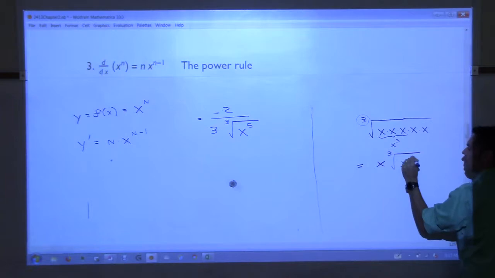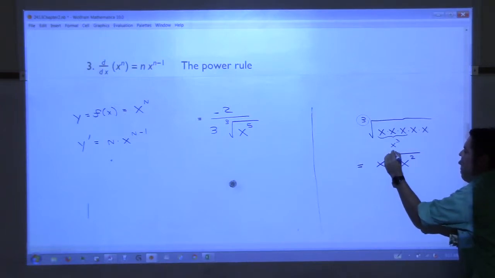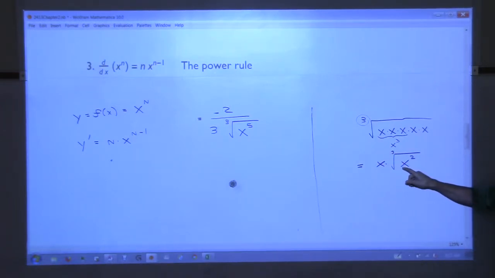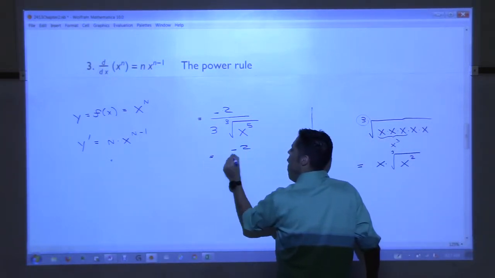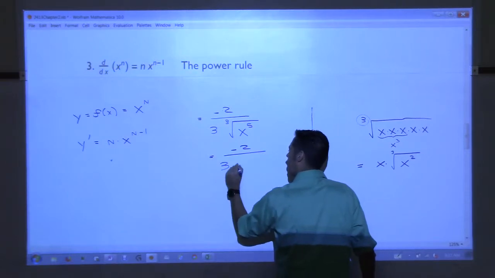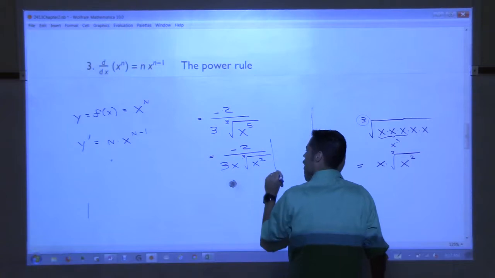So I'm going to put x squared here. Be careful, that's not x cubed, right? This is x times the cube root of x squared. So that's what this is: negative 2 over 3 x times the cube root of x squared.